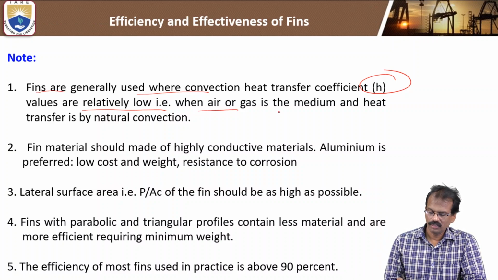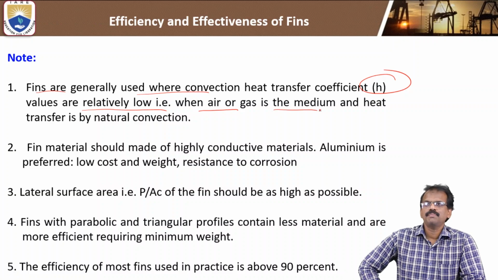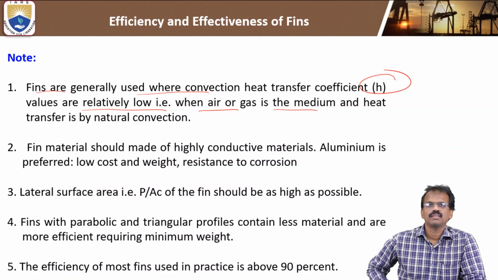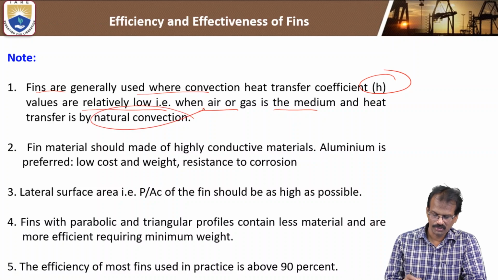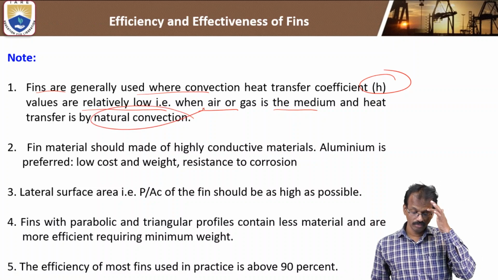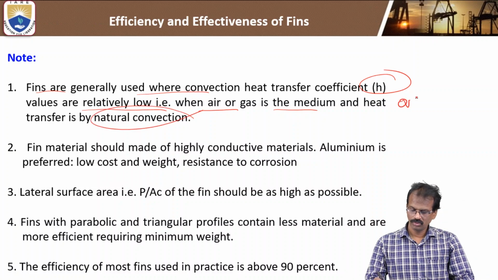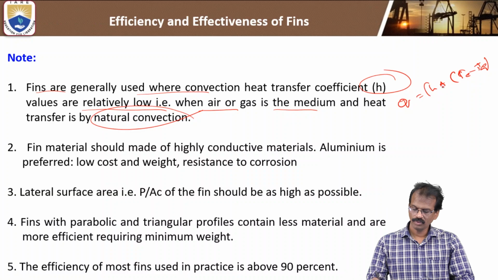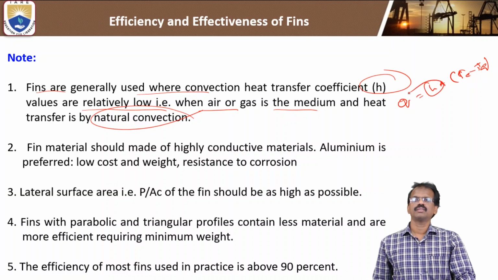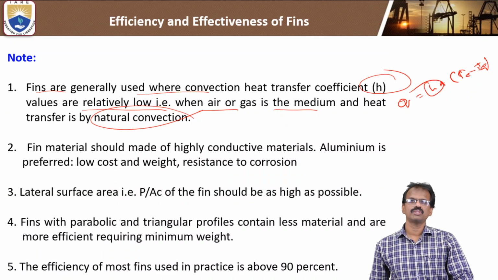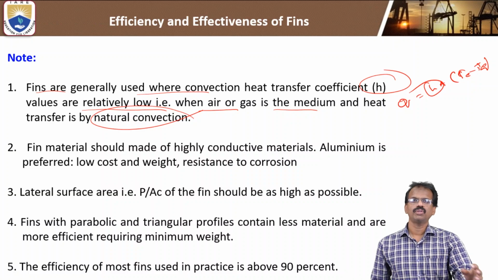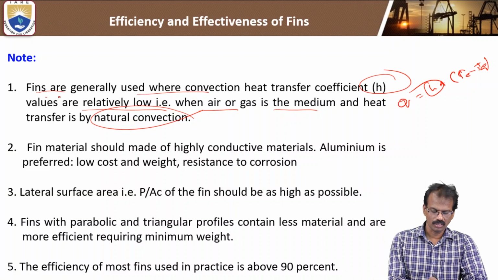When air or gas is the medium, the heat transfer is by natural convection. Know that Q is equal to hA into temperature difference, T0 minus T infinity. So where the heat transfer coefficient values are relatively low, we'll use the fins generally.